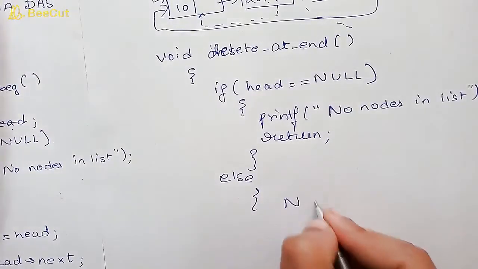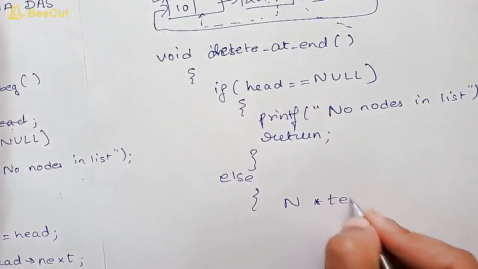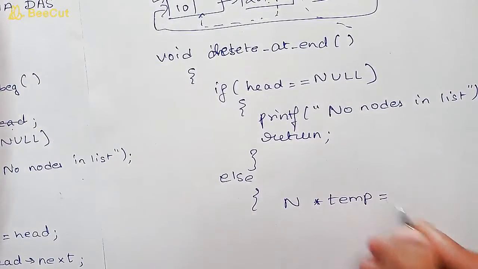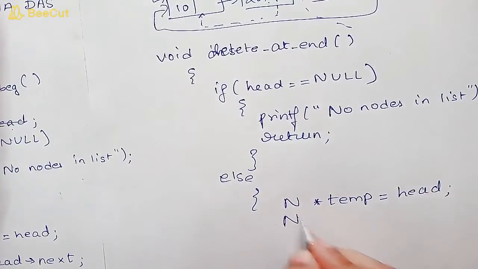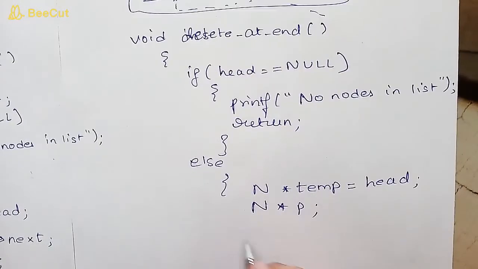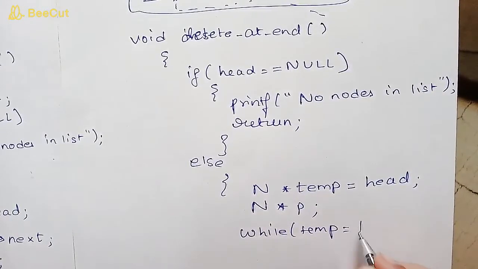Else, if nodes are existing, then I can take two pointers. One pointer is temp, and it is pointing to head, and another pointer I'll take as p. I'm not initializing it right now. I'll take while temp next is not equals to head.